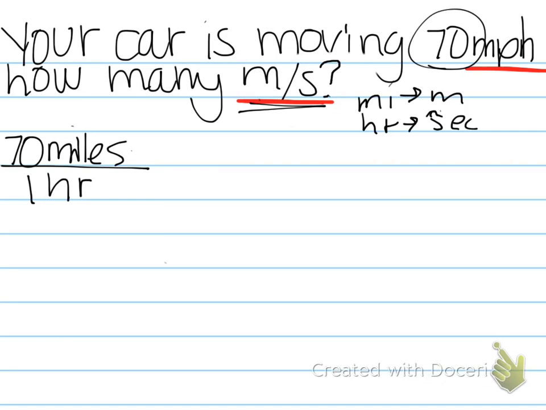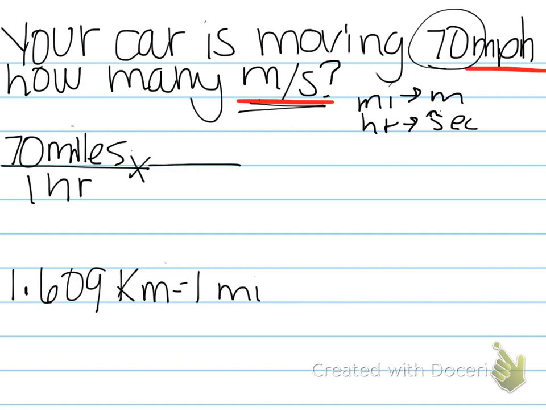So let's go from miles to meters first. We're going to use that same equivalence statement we used a few slides ago with the 1.609 kilometers equals 1 mile. So we have 1 mile is 1.609 kilometers.